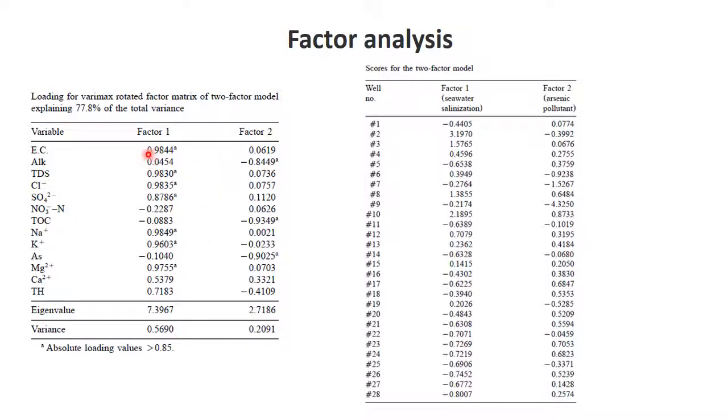We notice that we have a big loading on electrical conductivity, low on alkalinity, high on TDS, chlorine, sodium, potassium, and low on arsenic, etc. So this factor obviously is related to the seawater salinization issue.